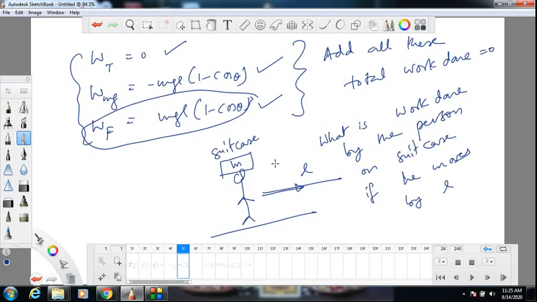So what do you think is the work done by the person? Just type in your answers. What do you think is the work done by the person on the suitcase if he moves by a distance L?